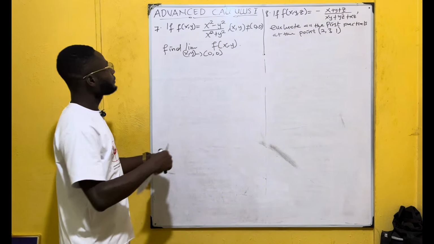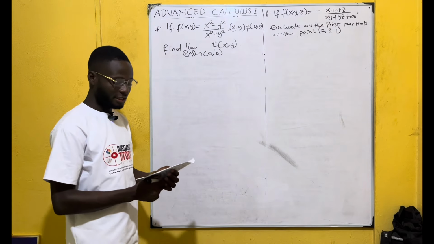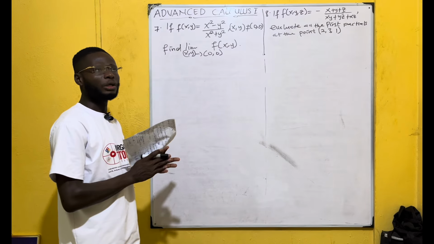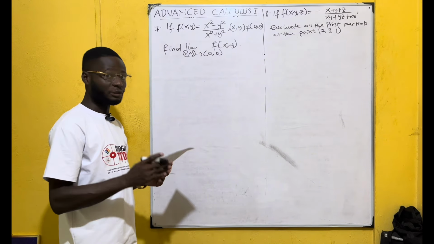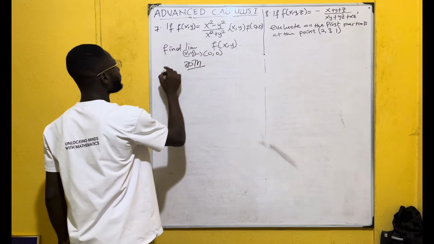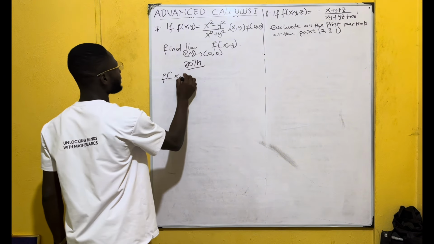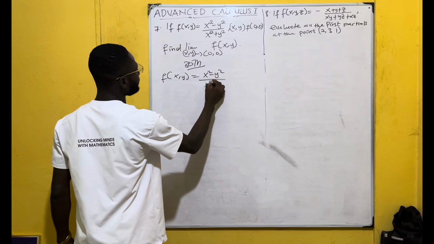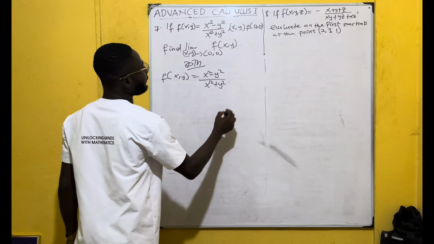So with 7, what we have to do first is remember the polar coordinates, right? You remember that. So first of all, let's rewrite the problem. F of x and y equals x squared minus y squared divided by x squared plus y squared, right?